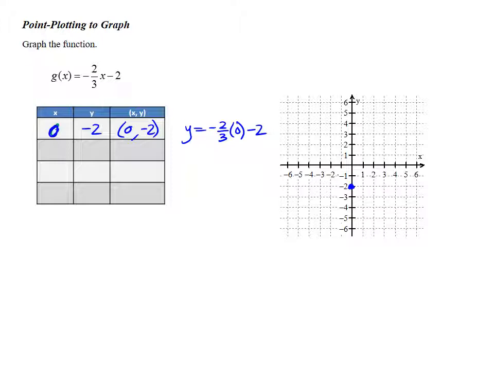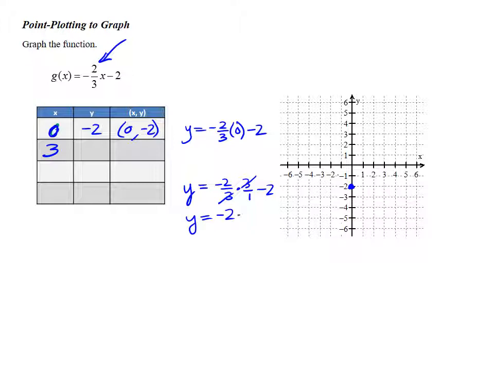Now, when you're working with a fraction and you know x is going to multiply a fraction, because you can pick any value you want, pick a number that is going to make that fraction go away. For instance, if I pick a number for x that is a multiple of 3, say 3 for x, then when I multiply that whole number, 3 over 1, times this fraction, negative 2/3, my 3's cancel and the fraction is gone.